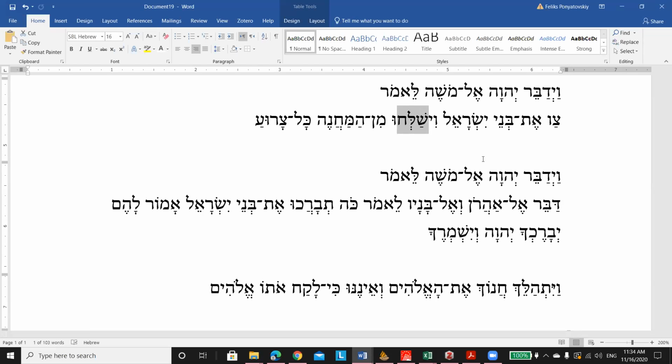It cannot be Hithpael, so it is either Pual or Piel. It is Piel. What is the difference? We see the same root, Shalach, occurs in Kal and in Piel. Kal is just to send, but in Piel it means to send away.